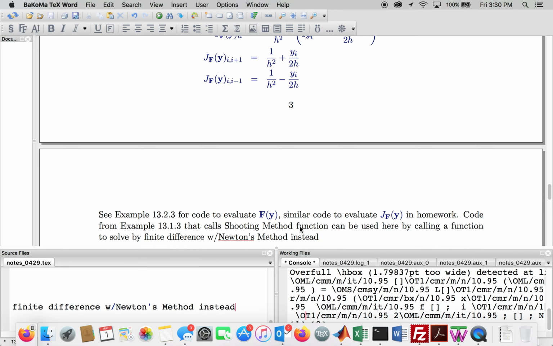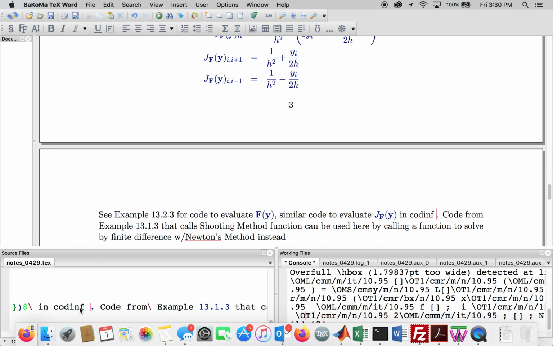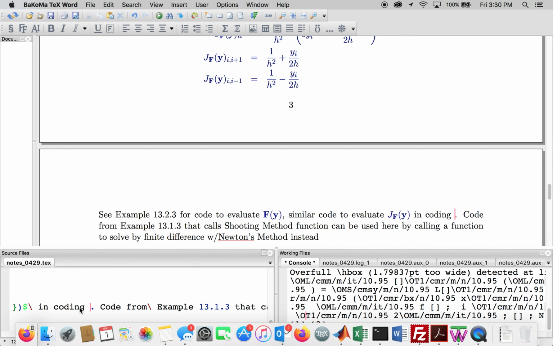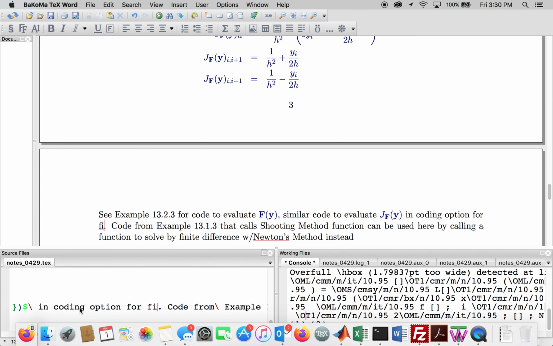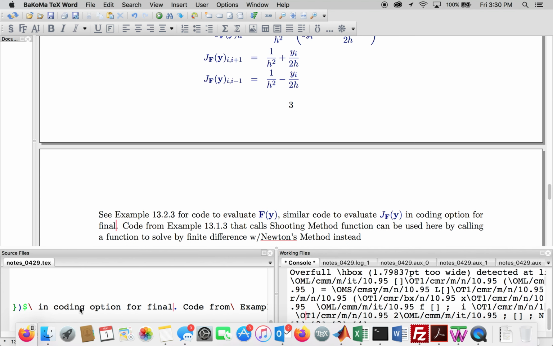I'm looking at those problems. So it's not in the homework. I did not give any homework problems for 13.2 that involve MATLAB.